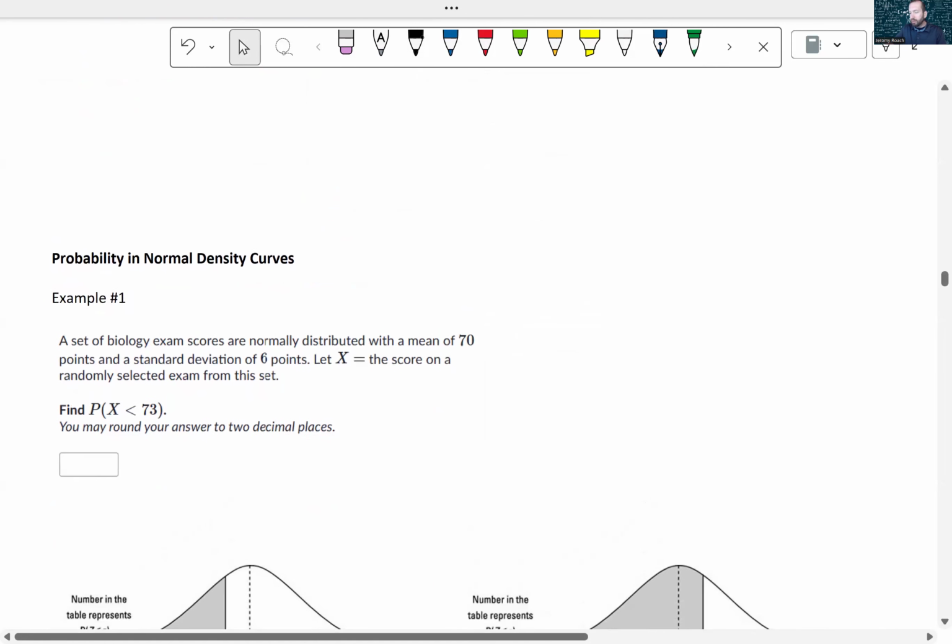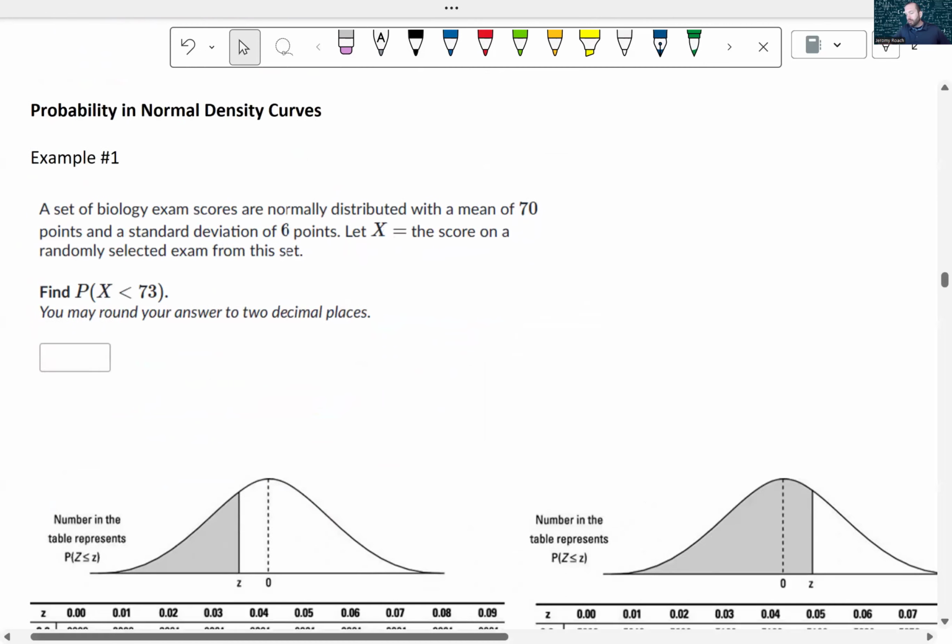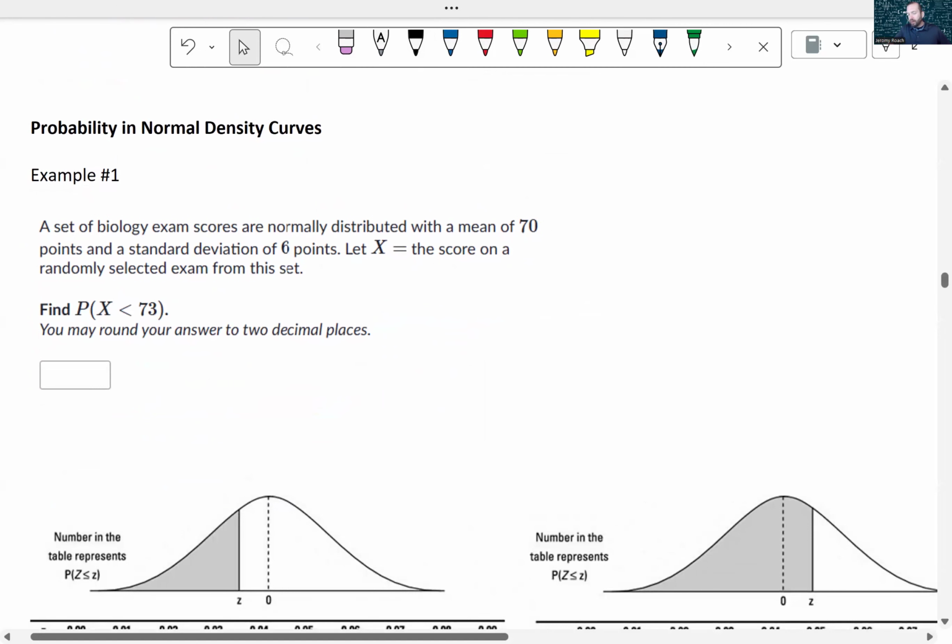All right, now we're going to look at probability in normal density curves. So when we talk about a normal density curve, there are two graphs here that show us the normal distribution. And these are from the z tables. We're going to take a look at these z tables in some more detail in just a moment. But the normal density curve gives us a normal distribution that we can then use the z tables to find information about.